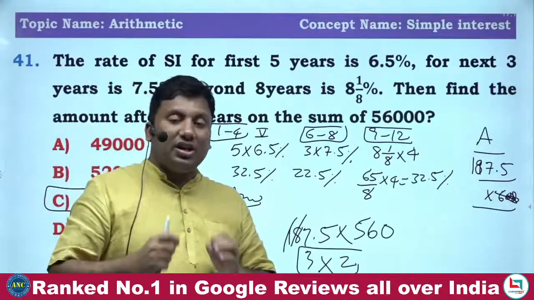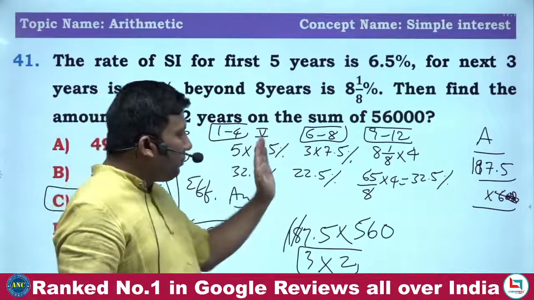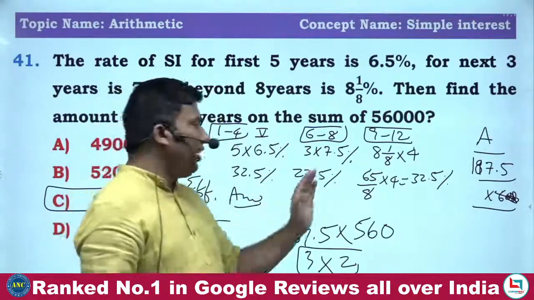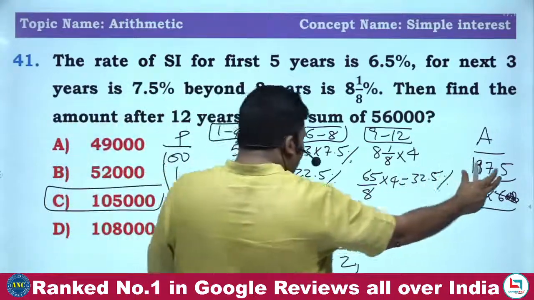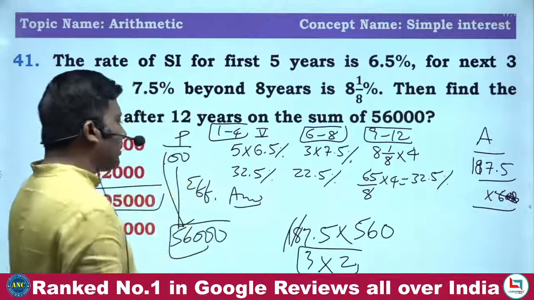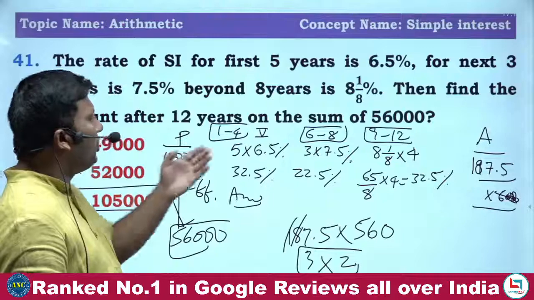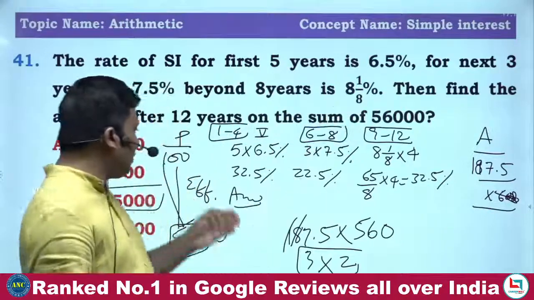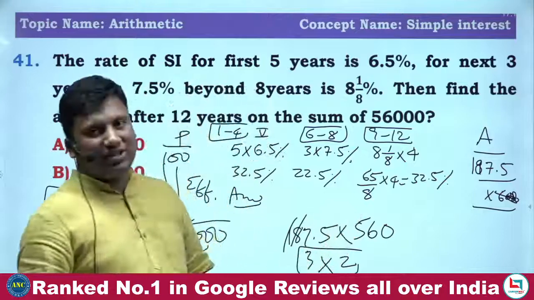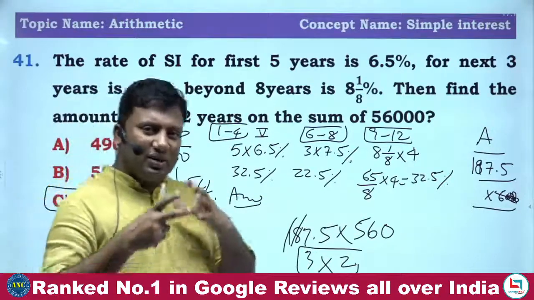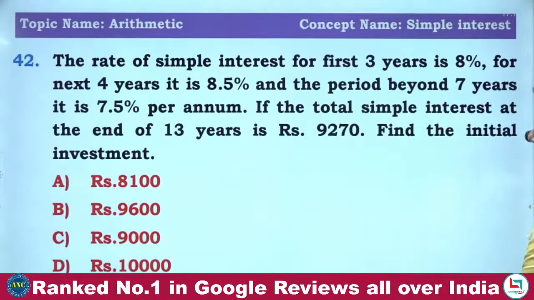In simple interest, the rate of interest we have to add. 32.5 plus 22.5, 55 plus 32.5, 187.5. 100 is becoming 187.5. Extra is 87.5. Is the extra given in the question? No. The sum is given as 56,000. So 187.5 into 560. Use the concept of digital sum. This is another very, very important model which is coming in your examination.